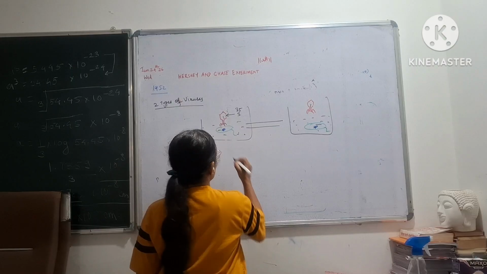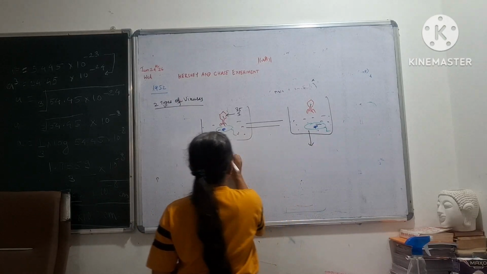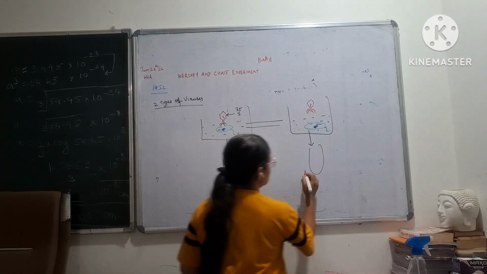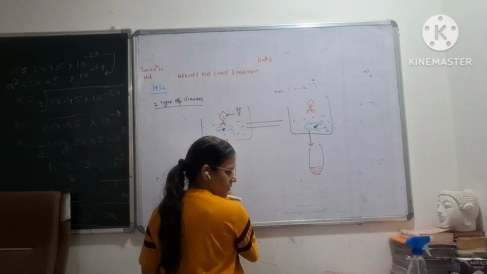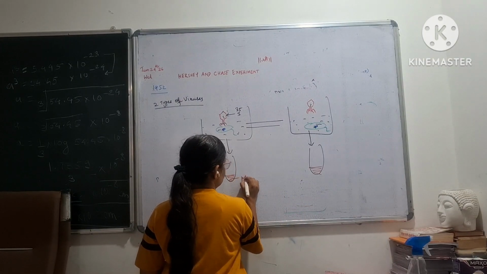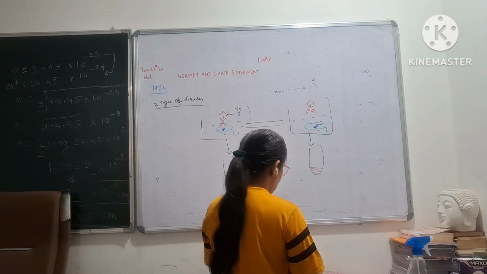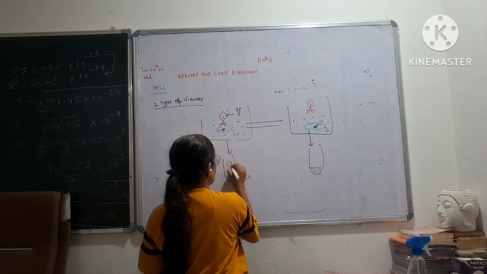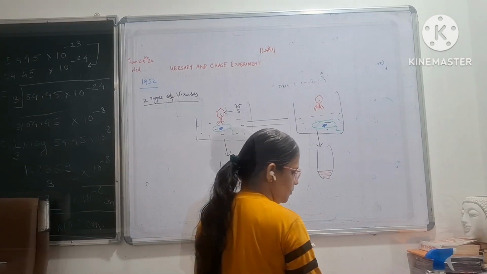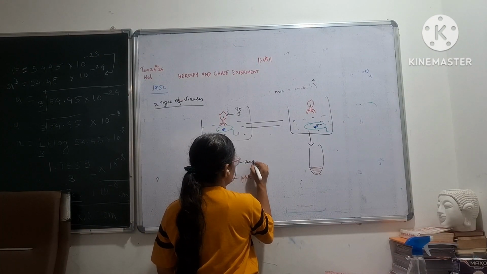So I will show it in the form of a test tube. You get a precipitate over here, the PPT, and you have this viral head lying above in the supernatant part.